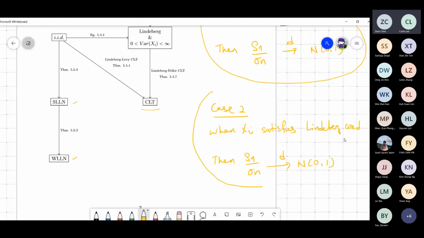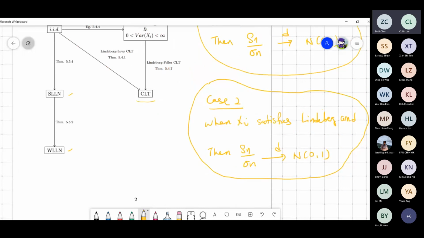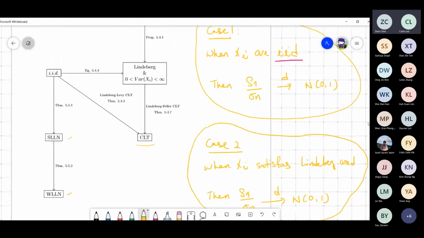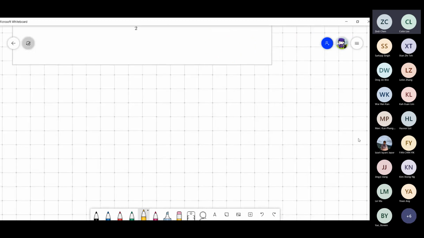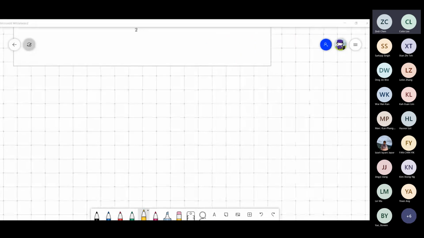So here we discussed two different cases. One is the Lindeberg condition, the other one is independence and identical distributions. So these are the topics that we're going to discuss today. Let's proceed to our chapter, and we discuss it one by one.